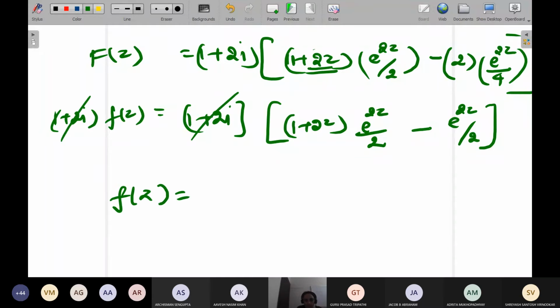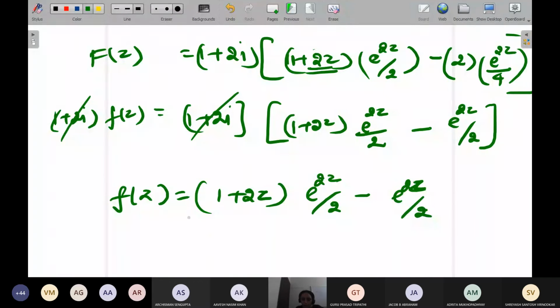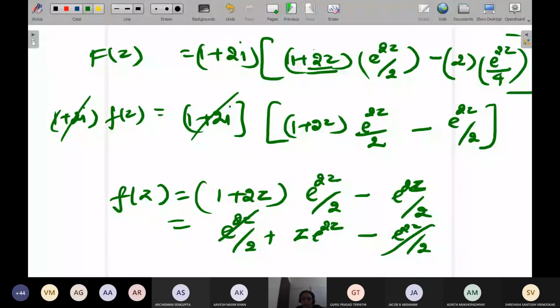Your small f of z will be equal to 1 plus 2z into e power 2z by 2 minus e power 2z by 2. Can simplify it: you'll get e power 2z by 2 plus z into e power 2z minus e power 2z by 2. So this and this will get cancelled. Your f of z will be equal to z e power 2z plus c, the integrating constant.